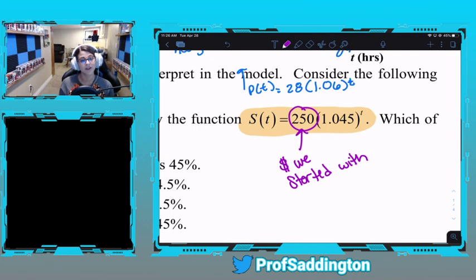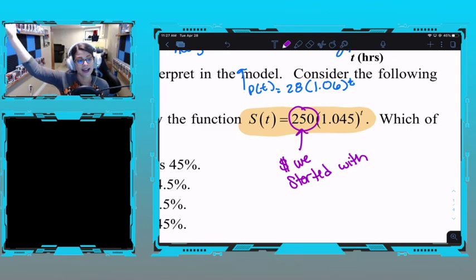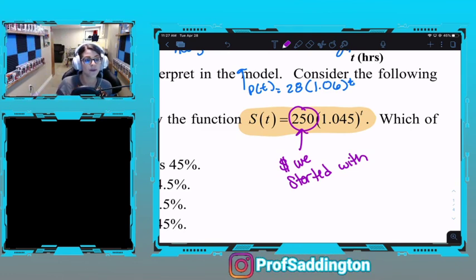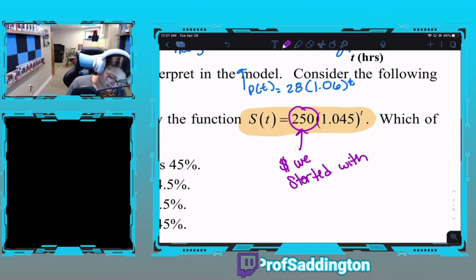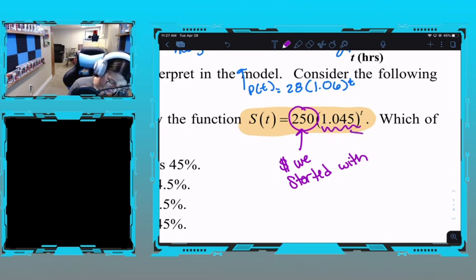Any number that you get in those parentheses that's bigger than 1 is representing growth. Remember, because you always start with 100% or the number 1, and then if you're adding, that's growth. So if this was something that was less than 1, like 0.95 or 0.88, something like that, then it would be decay. But since it's growth, this is really 1 plus 0.045.